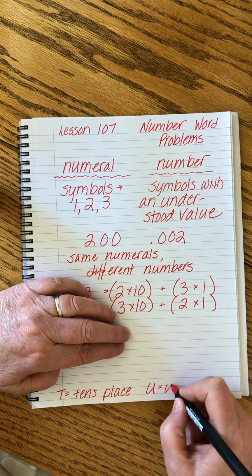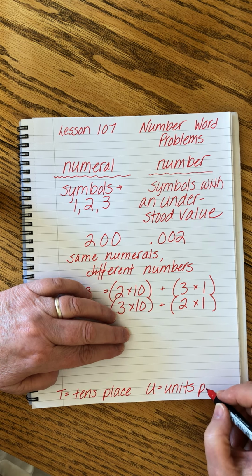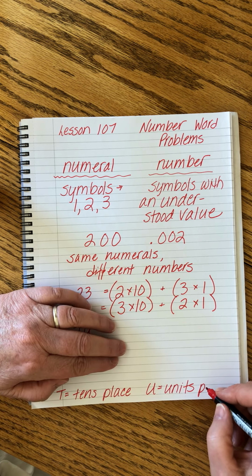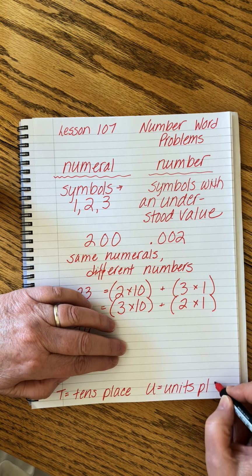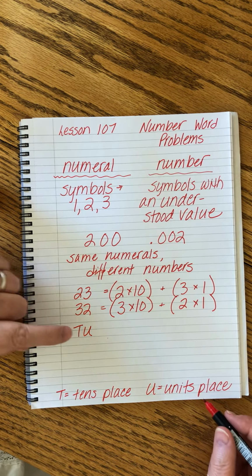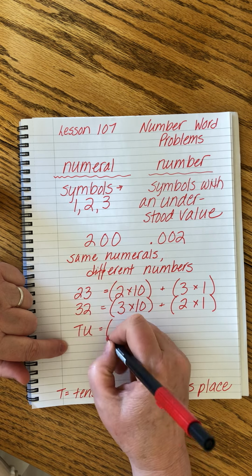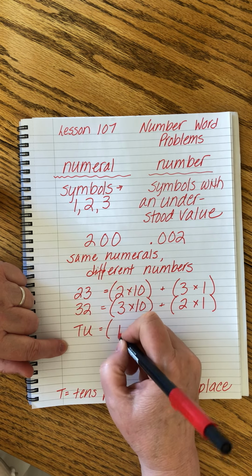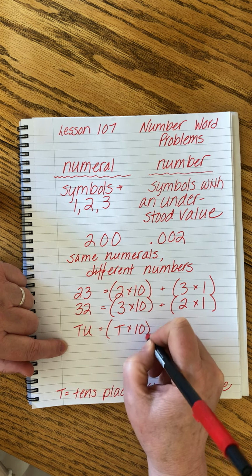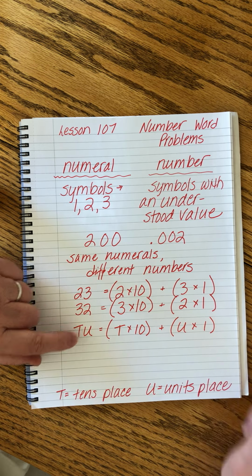John calls it the units place, so that we're not using an O for 1, which would be confused with a 0. So he's just going to call it the units place. That makes me feel a little bit backwards. But if we have a number with a number in the tens place and the number in the ones place, we know that we can write it as T times 10 plus the number in the units place times 1.